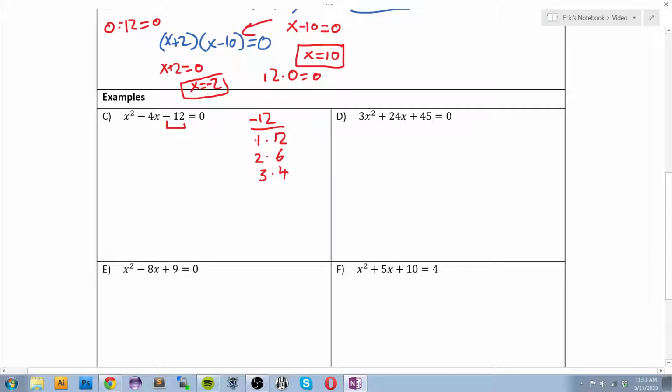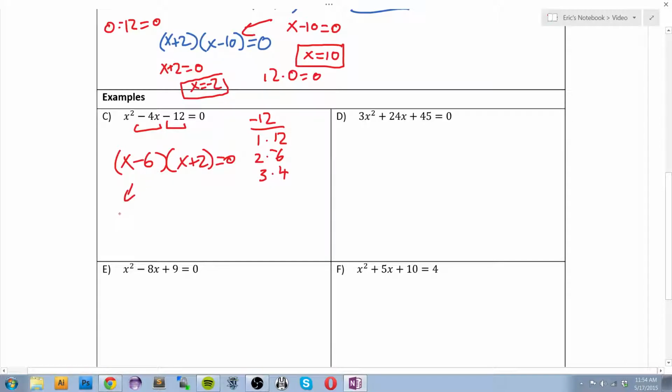So if I did negative 1 plus 12, that would be 11. Okay, that's getting too big. If this were negative 6 plus 2, that is negative 4, which is what I want. So if I do x minus 6 times x plus 2, that would give me the trinomial I have above. It would all check out.